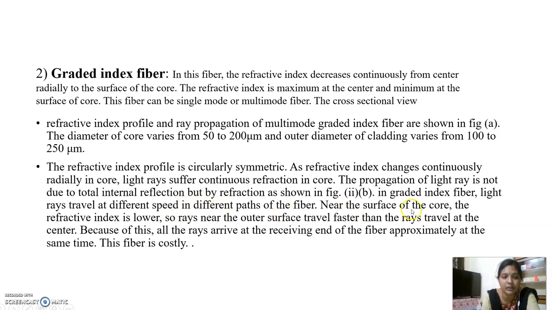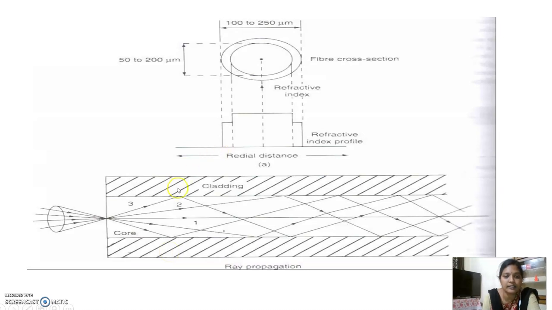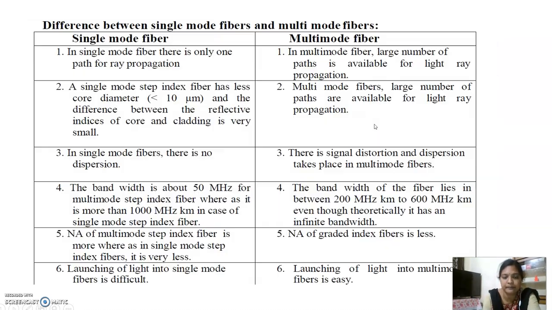Near the surface of the core, the refractive index is lower, so the ray near the outer surface travels faster than the ray at the center. Because of this, the rays arrive at the receiving end of the fiber at approximately the same time. In this figure, a number of rays are entering the fiber with different paths.